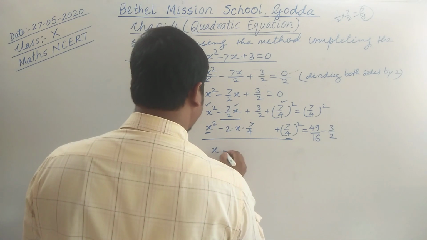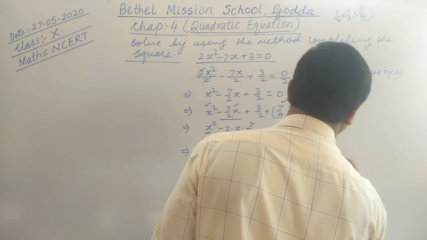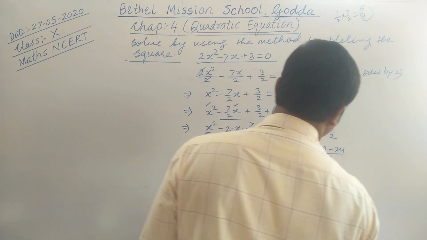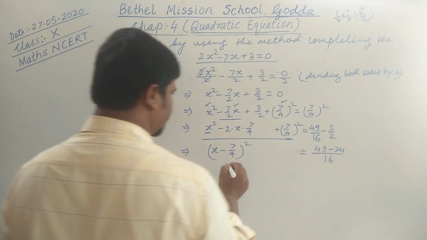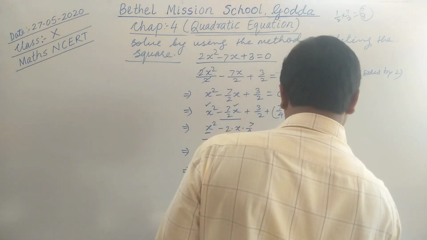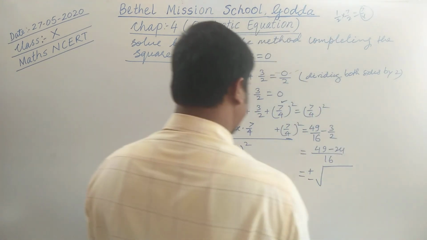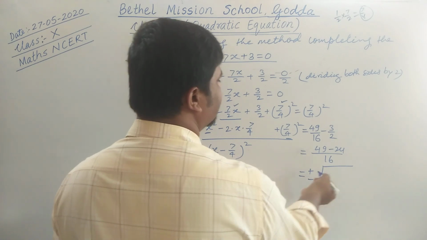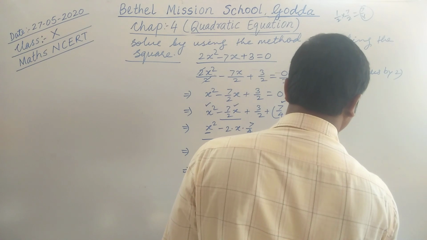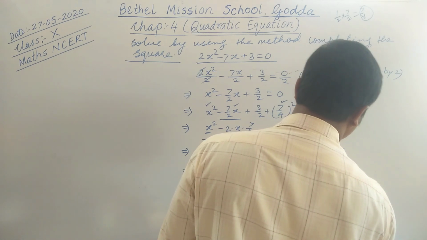After that, (x − 7/4)² = (49 − 24)/16, which is 25/16. Then x − 7/4 = ± √(25/16). Here there is plus minus, because when we take the square root it becomes plus or minus.